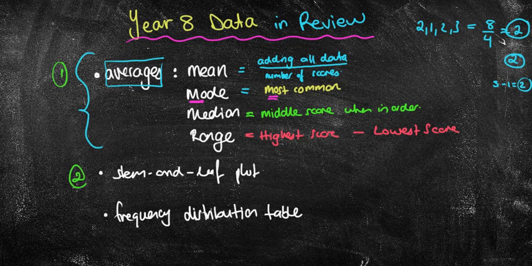Secondly, we've got our stem and leaf plot. Hopefully you remember the stem and leaf plot looks like this, where we have the stem on the left hand side and the leaf or the leaves on the right hand side. And the stem is what we refer to basically as the tens unit. So for example, we might have 0, 1, 2.